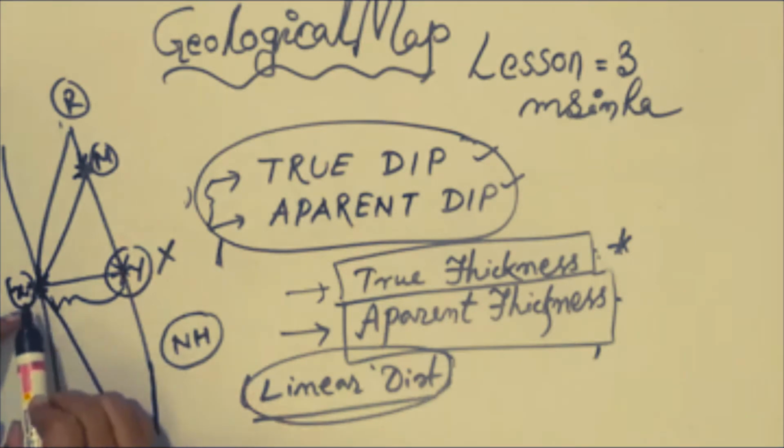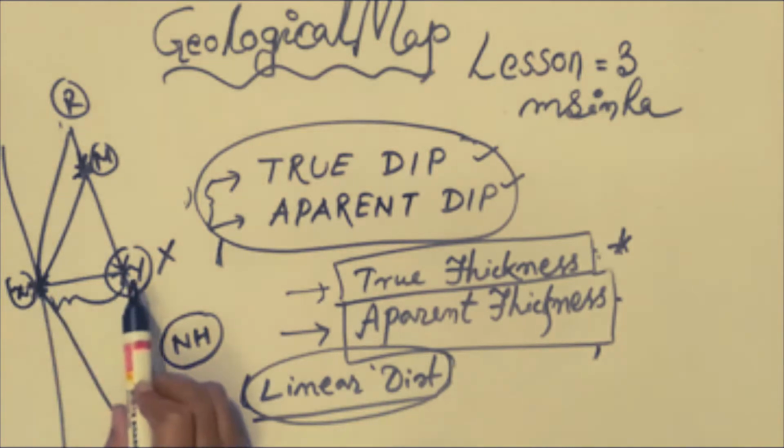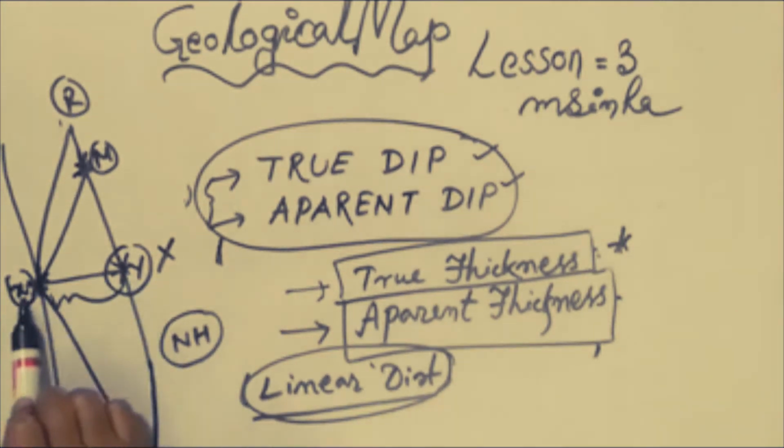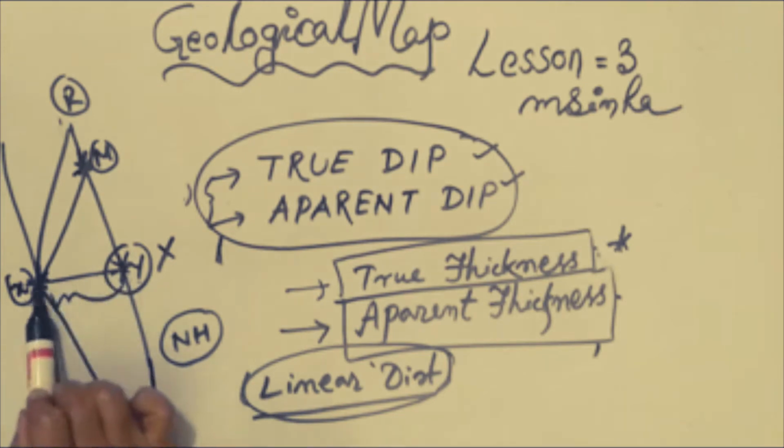In the same way, the student collected the linear distance from X and Y. Here X is just opposite to Y, so X lies on the left hand side of the road and Y lies on the right hand side of the road, just opposite to each other.